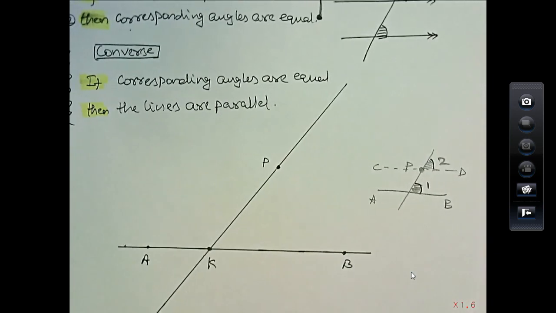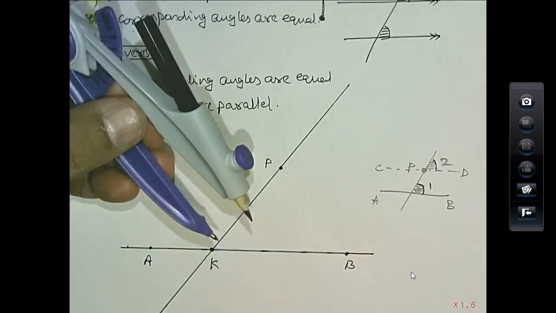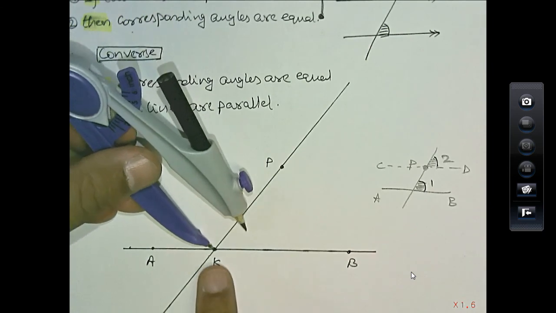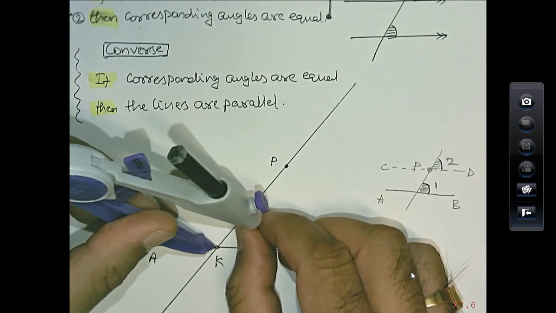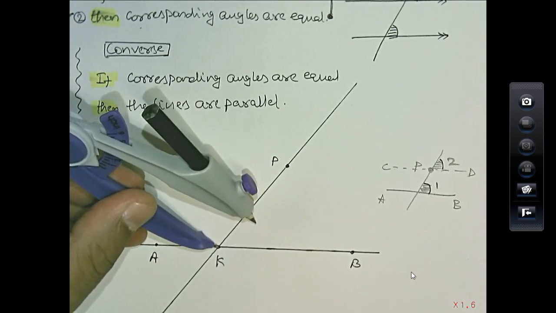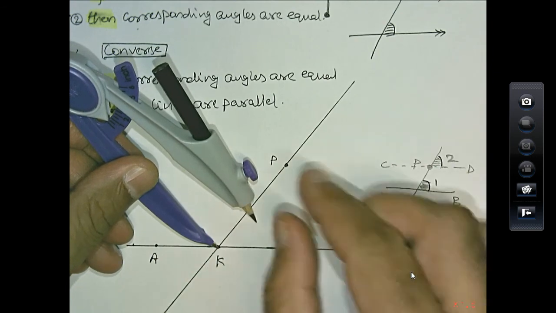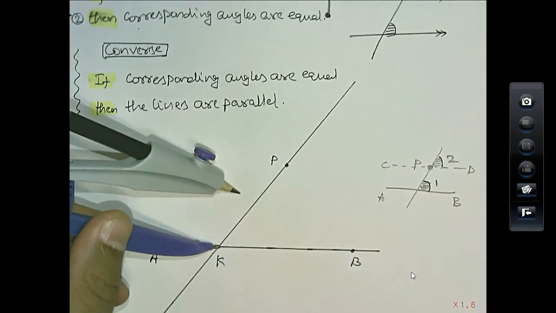I hope you remember how to copy an angle. First step is take the compass, place the compass tip at point K, then you can stretch. What is the radius? You can take a small one, you can take a big one, whichever way you like. I'm just taking this way.